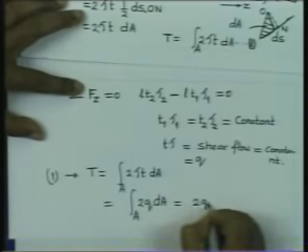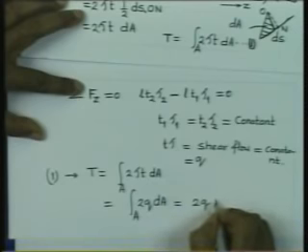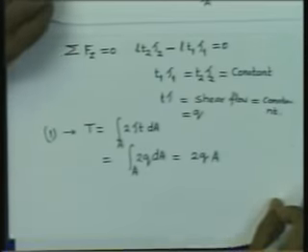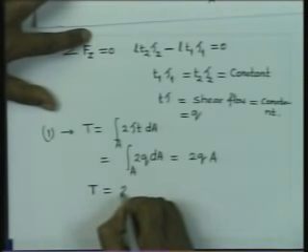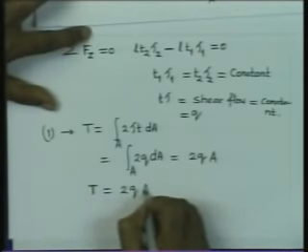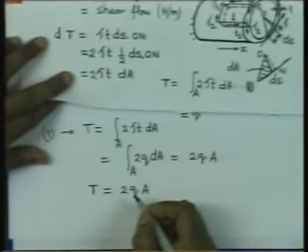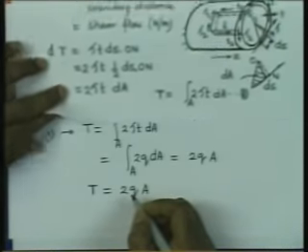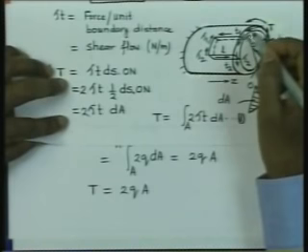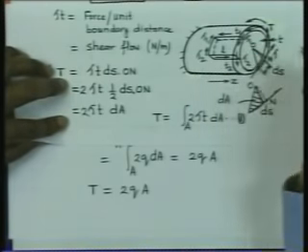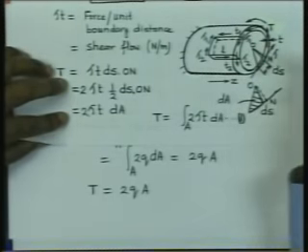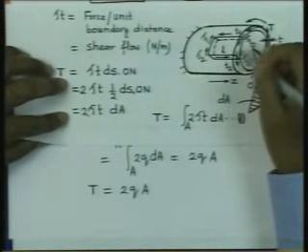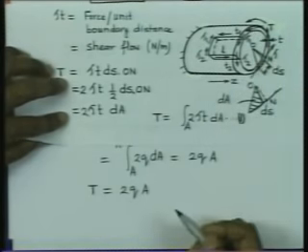So, therefore, this is q and integration of dA is nothing but A. So, torque capacity is related to shear flow multiplied by this area. What is this area? This area is nothing but the area enclosed by the center line of the cross section.